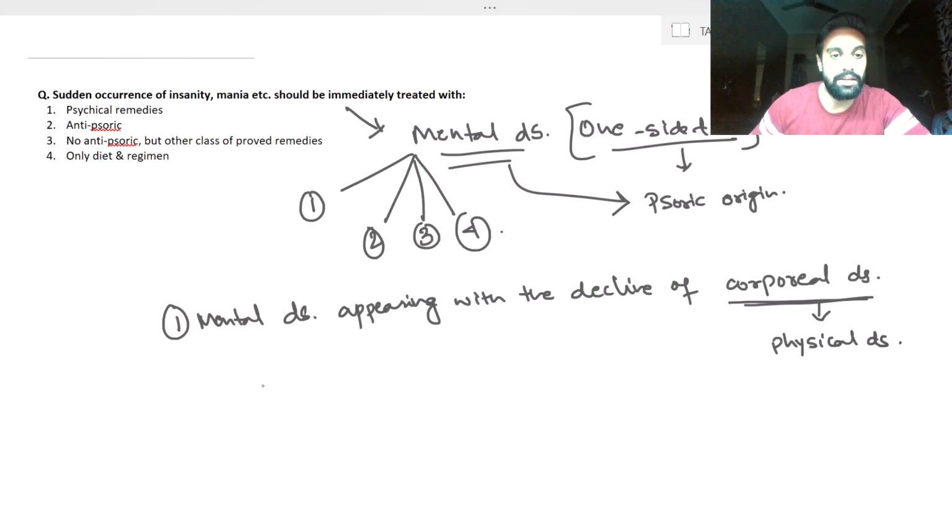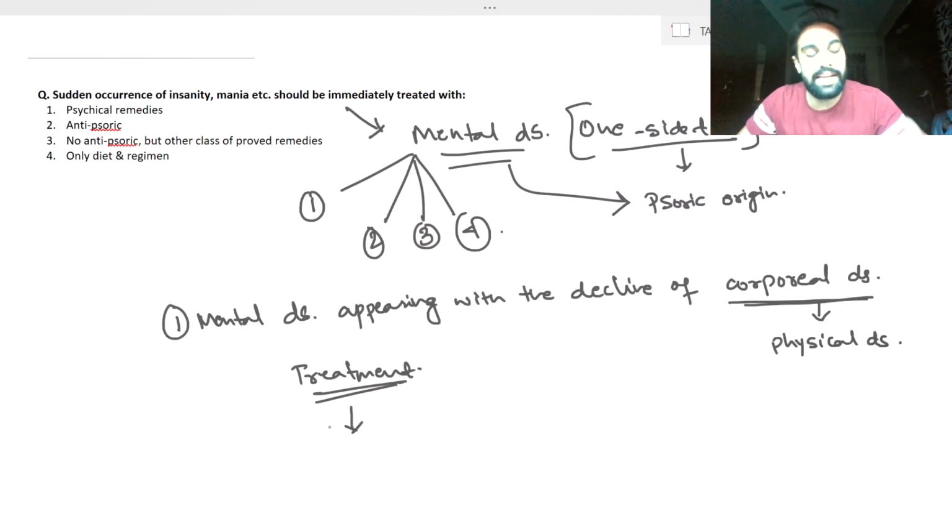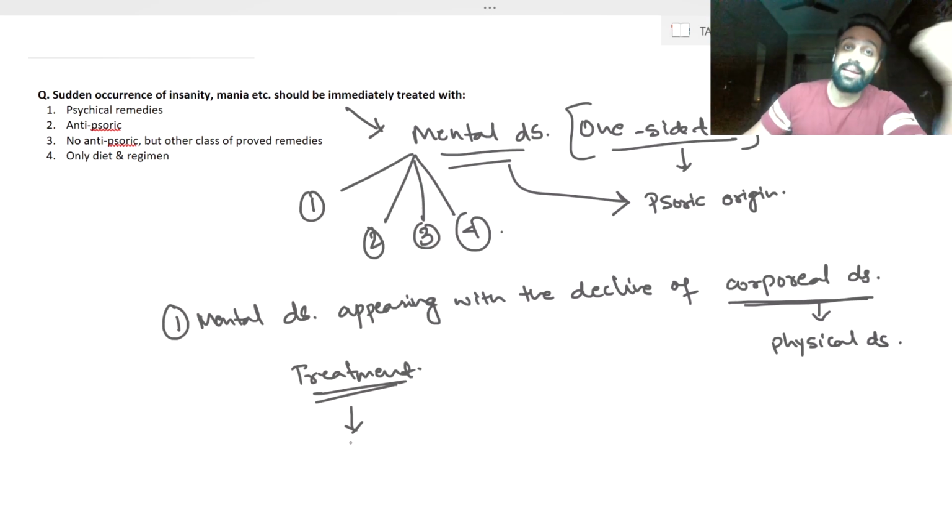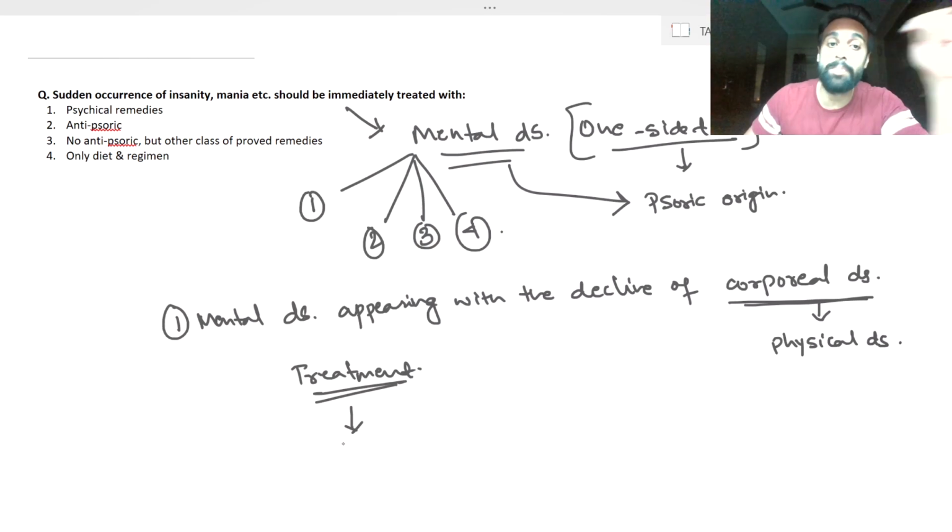How do you treat it? The MCQ point is, how do you treat it? The treatment portion. So Hahnemann says, for the treatment of this type of disease, you need to see the corporeal disease as it was back then, before it transformed into mental disease.